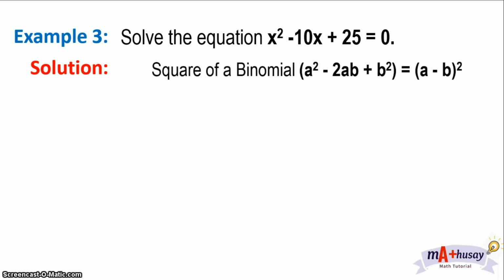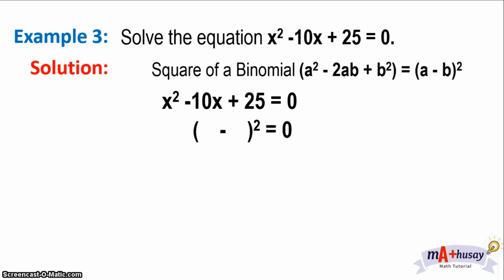So, to factor x squared minus 10x plus 25 equals 0, we need to think of the factors of x squared and the factors of 25. The factor of x squared is x. The factor of 25 is 5. So, when we combine negative 5 and x, you'll get negative 5x.